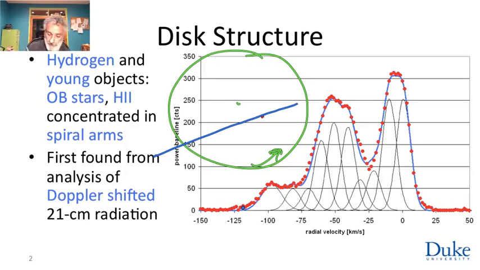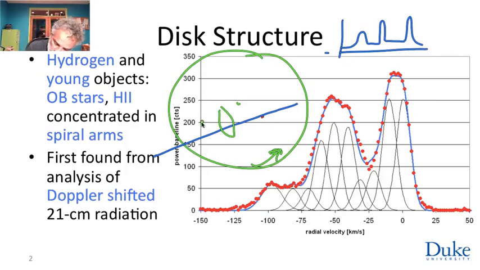Typically, the way we draw this, or we are shown this when we are students, is a graph like this with three nice peaks in it, and we are given to understand that there are three clouds along this direction, each of them moving with the characteristic Keplerian velocity in its orbit, and these lead to three different Doppler shifts.